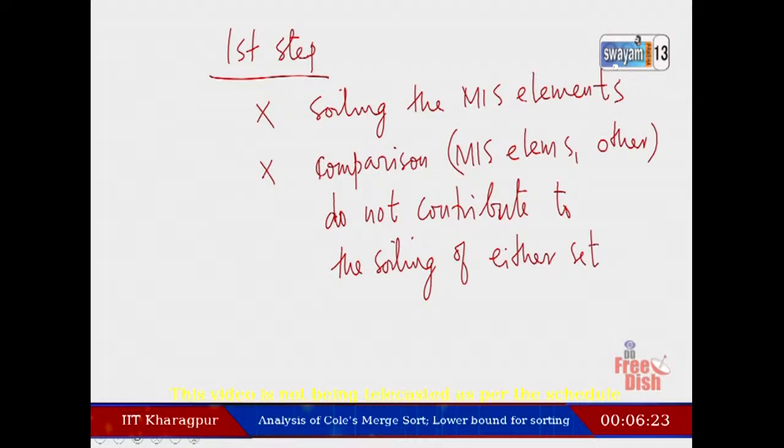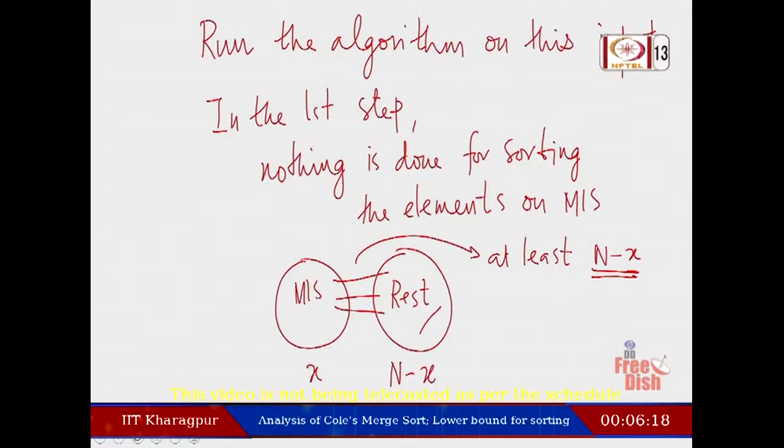But then we can give a benefit of doubt to the algorithm. We can assume that all the comparisons that the algorithm has performed within this set, if I call this S and this as u minus S, where u is the set of all the vertices, then any comparison that you perform within u minus S, you can assume is contributing towards the sorting of u minus S. Therefore, u minus S is already on its way to being sorted.